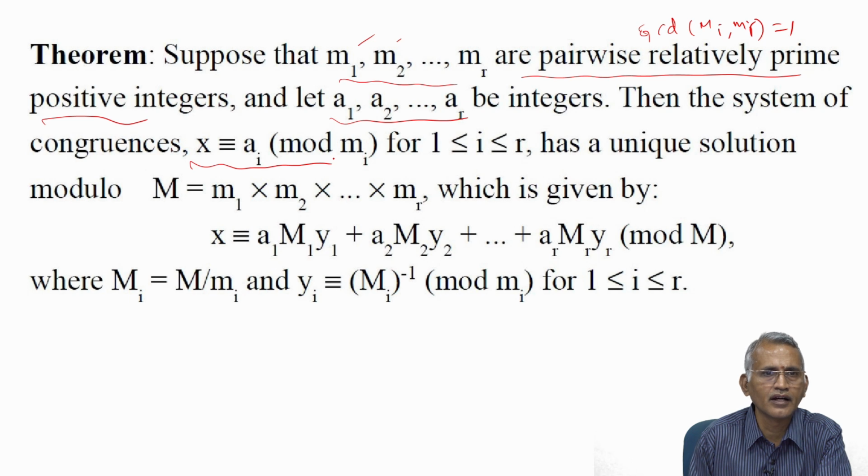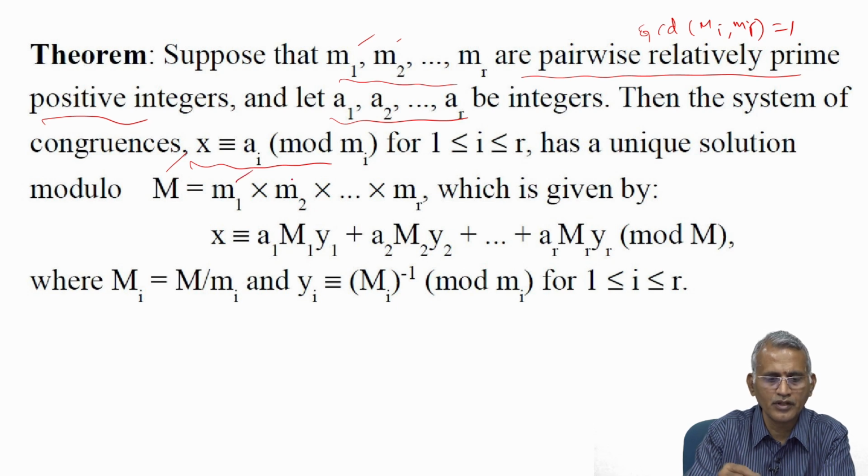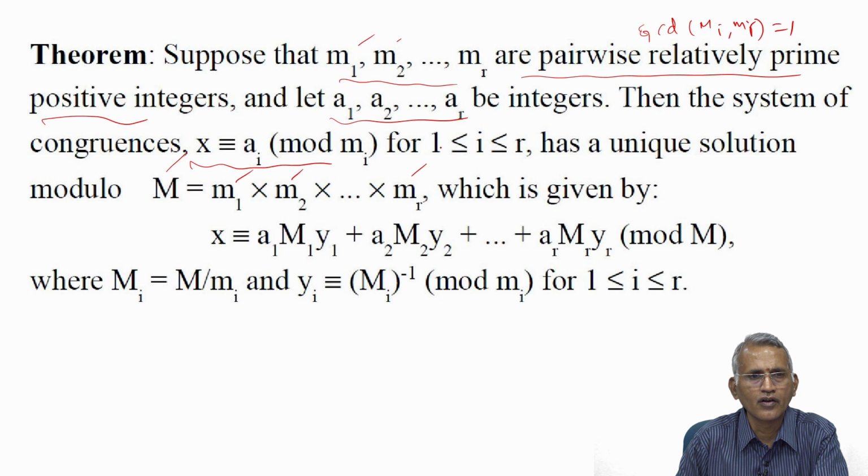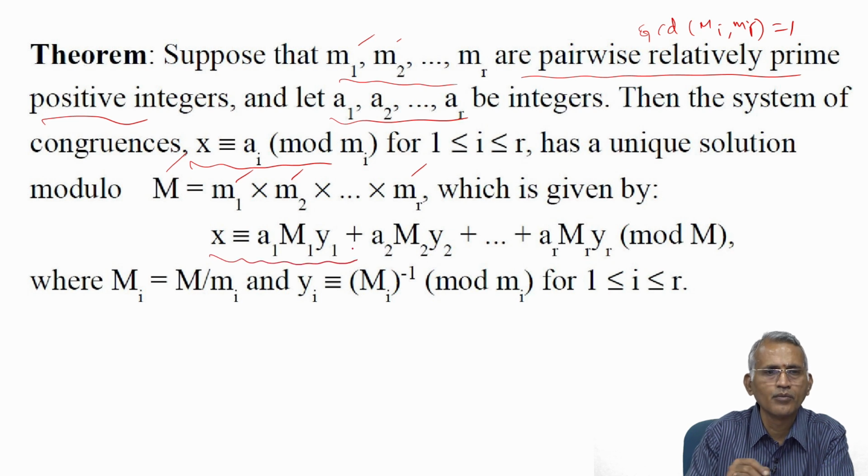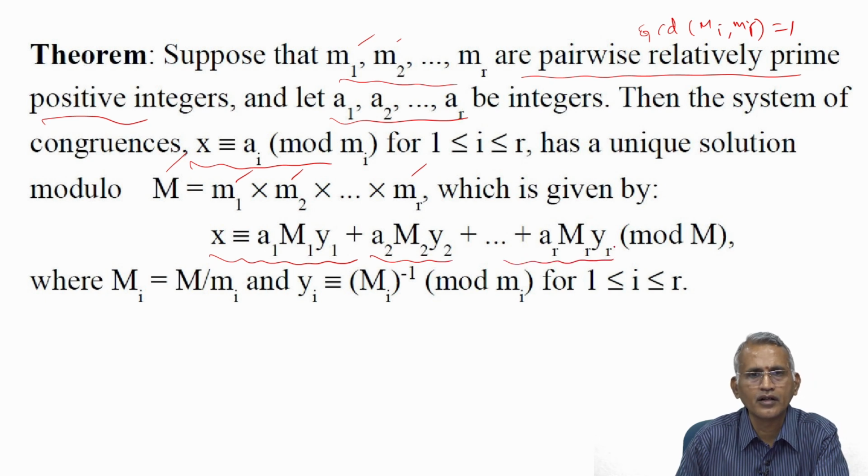Then we can write capital M as the product m1 into m2 and so on up to mr, and the solution is given by x identically equal to a1 M1 y1 plus a2 M2 y2 and so on up to ar Mr yr under modulo M, where Mi is equal to M divided by mi and yi is identically equal to Mi whole inverse under modulo mi for 1 less than or equal to i less than or equal to r. So, this is the statement of the Chinese remainder theorem.